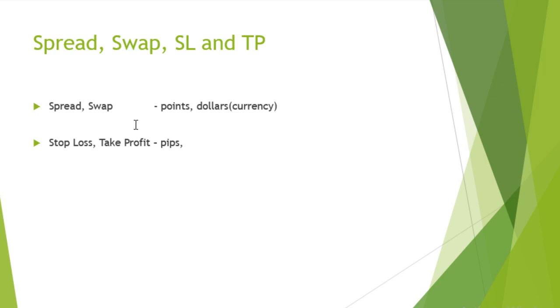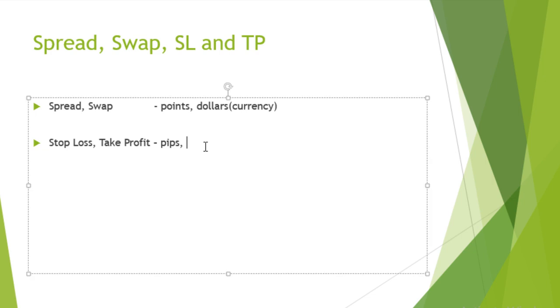Of course, there are brokers with huge spreads, and you can simply stay away from these brokers. And the stop loss and the take profit are normally in pips, could be in points as well, but especially the software that we are using, for example EA Studio works with pips and FSB Pro works with points.